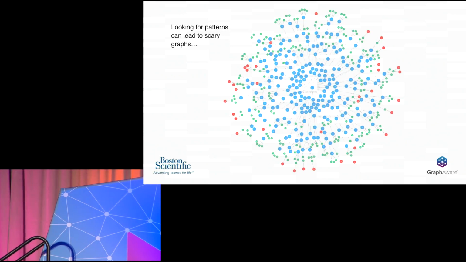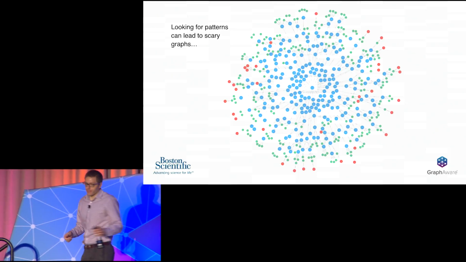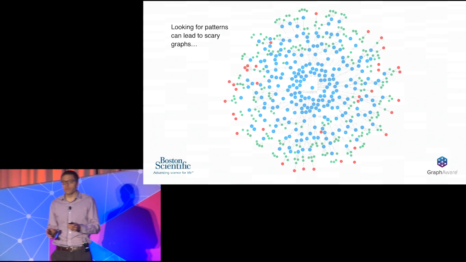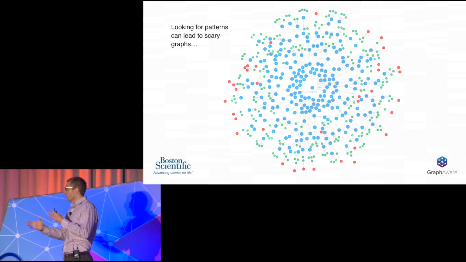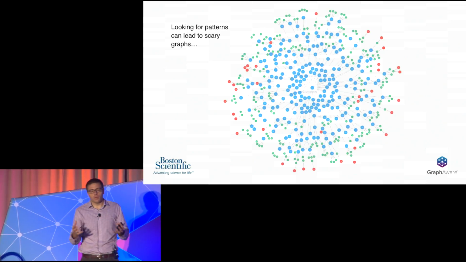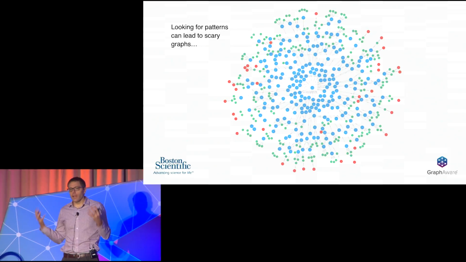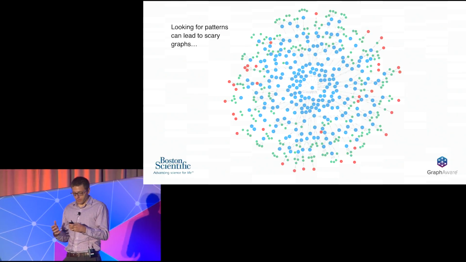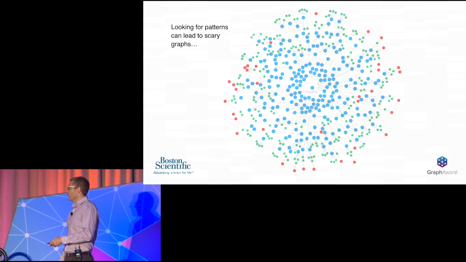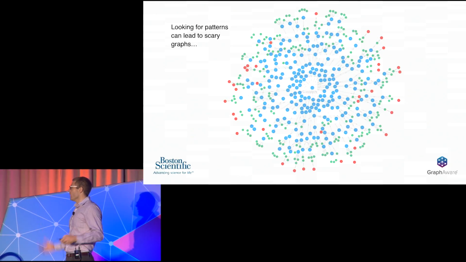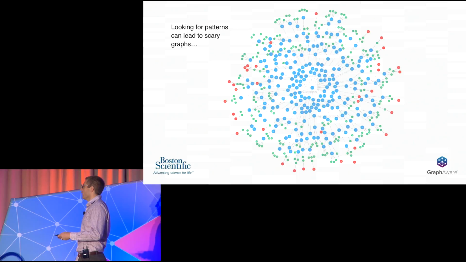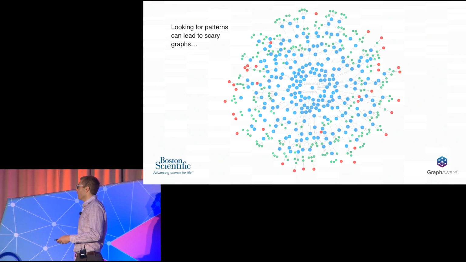Okay, so shortest paths and path queries are really good for seeing linkages between individual failures and investigating individual failures. But once you start to look at that in the aggregate, it can get a little bit scary, right? Looking at this visualization, we can see a number of these red failures.